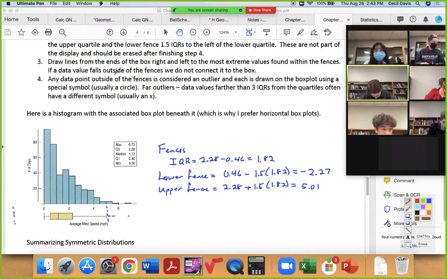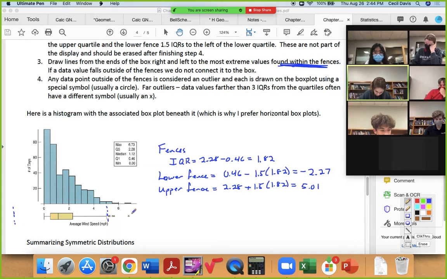So then what we'll do is draw lines from the end of the box to the right and the left to the most extreme values found within the fences. Obviously there wasn't going to be anything over here because you can't have negative wind speed. So there must have been a day when there was 0. And it looks like there was a day where it was about 5, maybe less. If it's exactly at the fence, you can draw it all the way to the fence. If it's more than the fence, then we're going to mark those as being outliers.